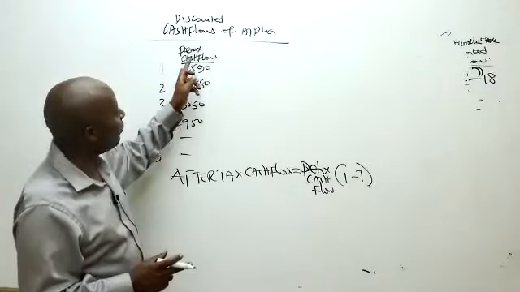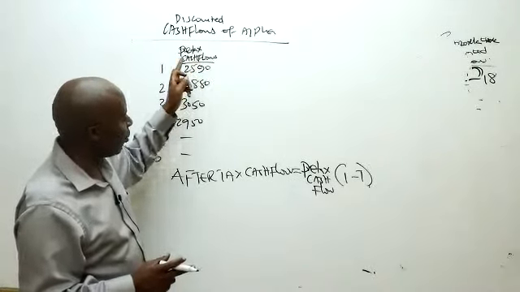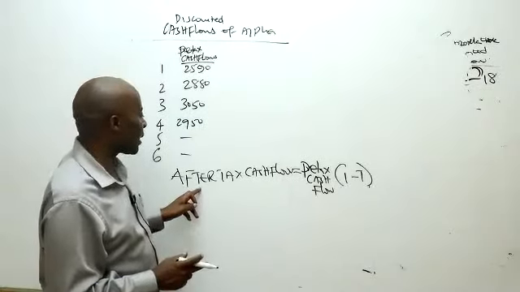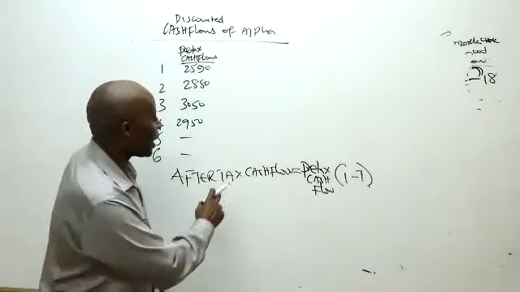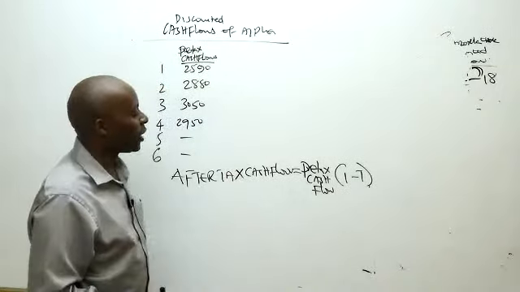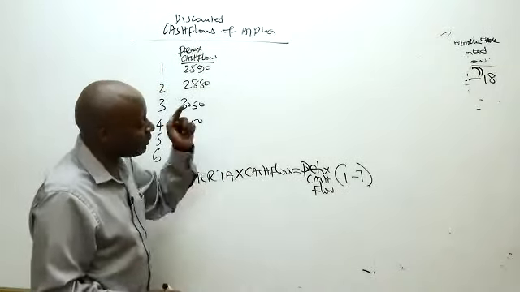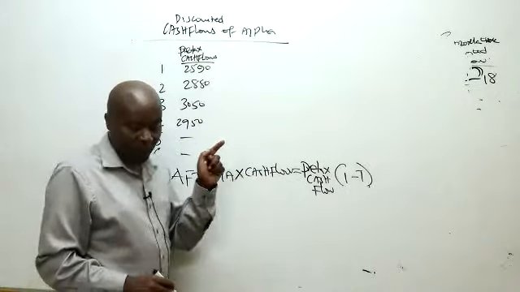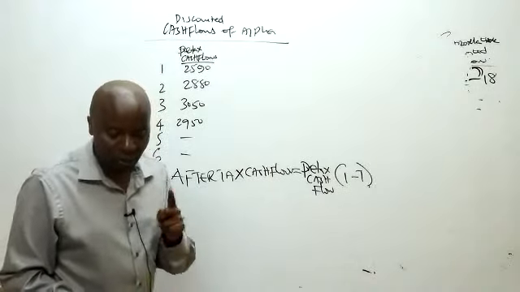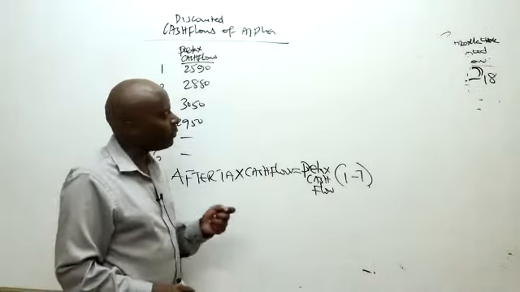Now that we have the pre-tax cash flows here, what I would want us to do is to give them the after-tax cash flows. After-tax cash flow equals pre-tax times 1 minus t. And the taxation rate has been given as 30%. Look at note number 6: the corporate tax is 30%.